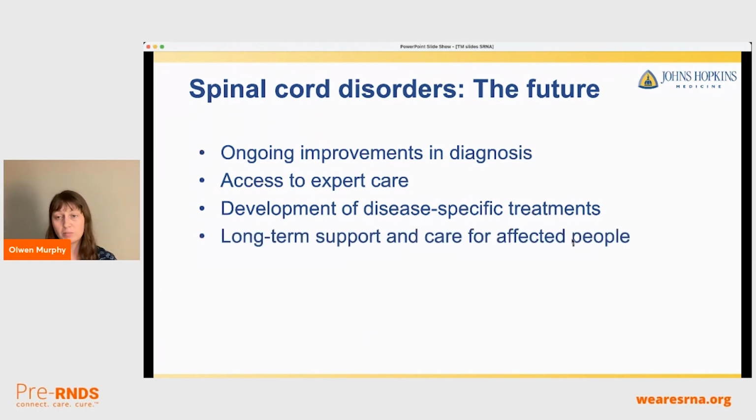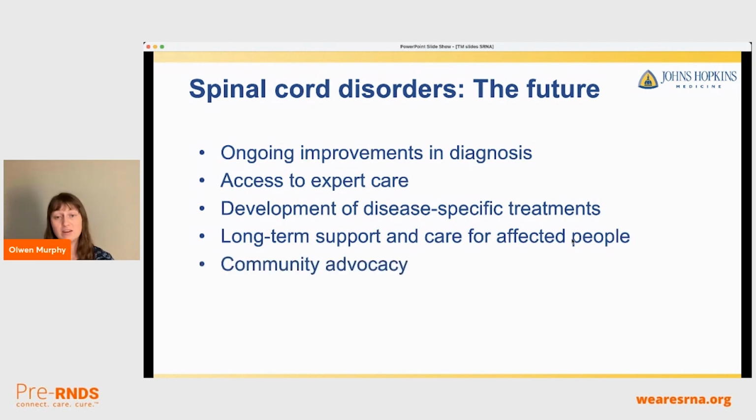Of course, people with spinal cord disorders may be left with symptoms and in some cases disability, and it's really essential that we provide long-term support and care for affected people, and that comes from a medical side of things, and also from the psychological side, from family coping, family support, community support. So this is really essential work over the long term.